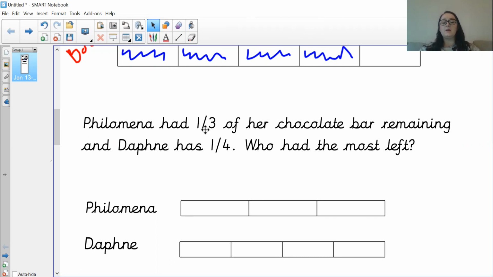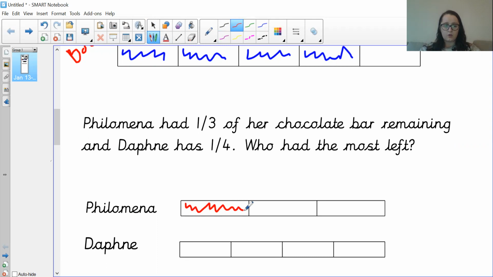It says Philomena had 1/3 of her chocolate bar left, so let's colour in 1/3. We've got our 1/3 coloured in for Philomena. And Daphne has 1/4 left, so let's colour in 1/4.